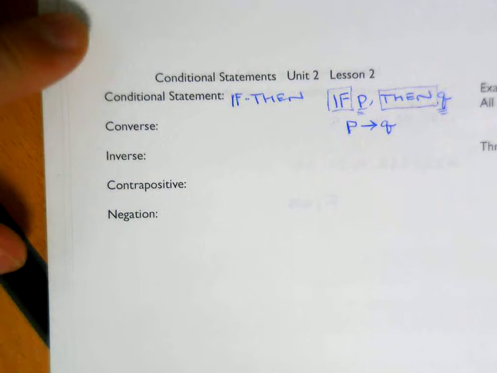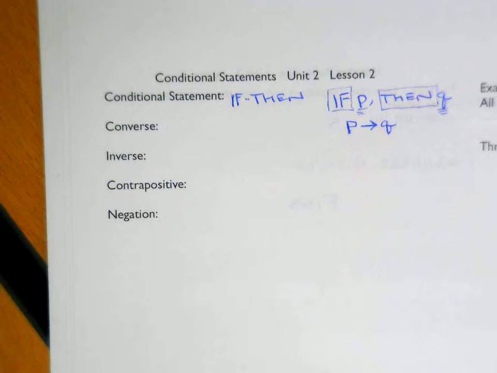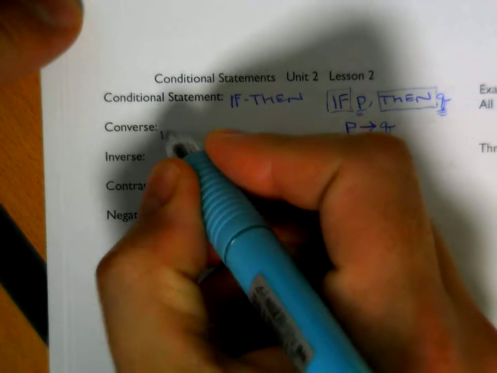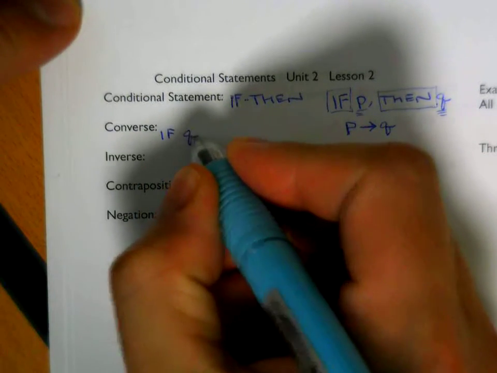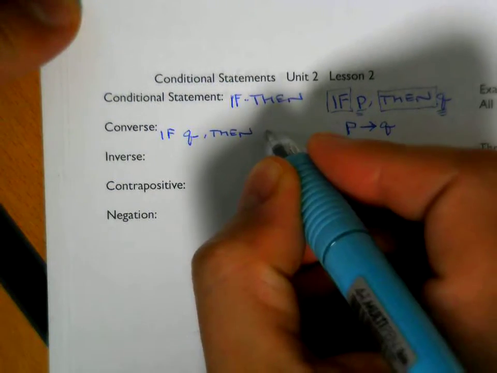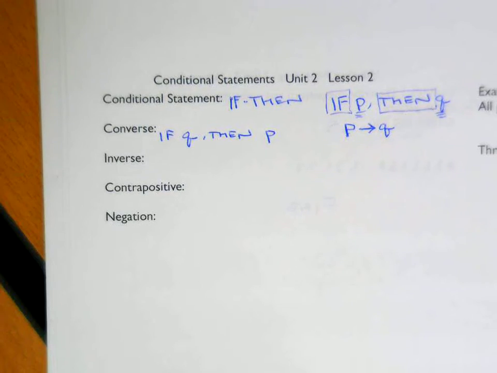The converse of a conditional statement is basically just the opposite. It'd be if Q, then P. So if my original conditional statement was, if I love math, then I will get an A, my converse would be, if I get an A, then I love math.